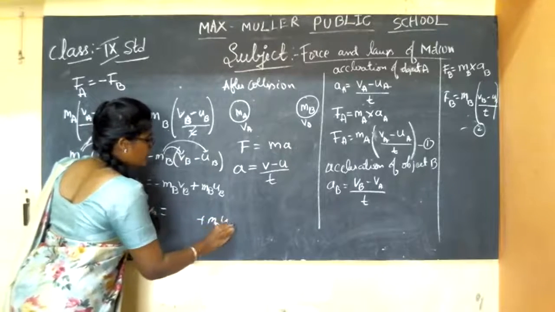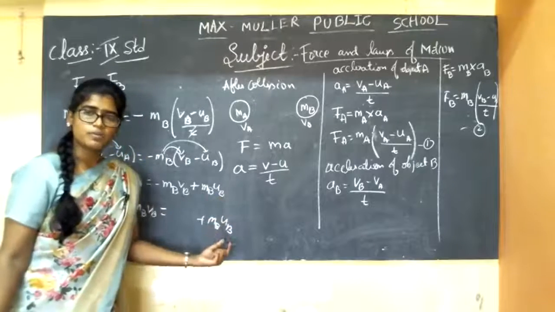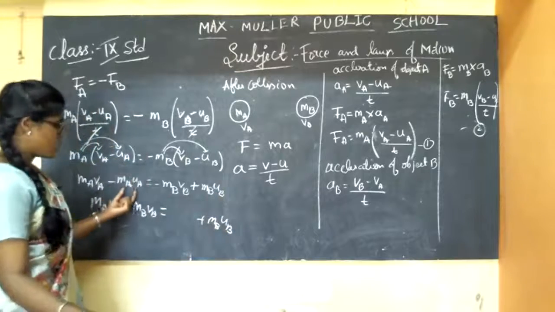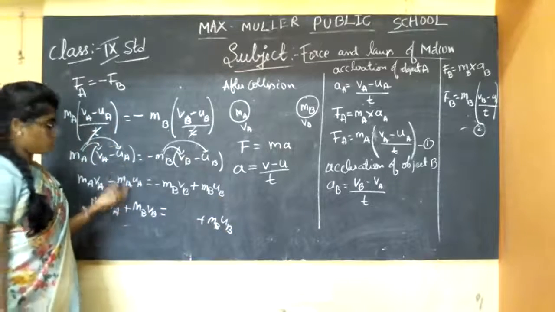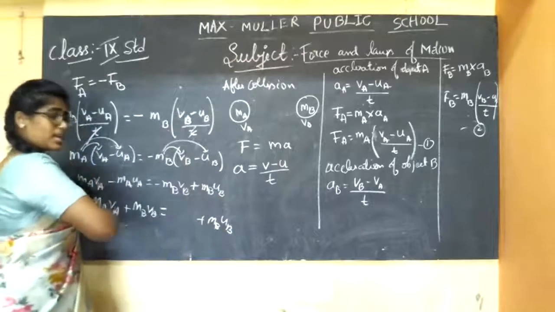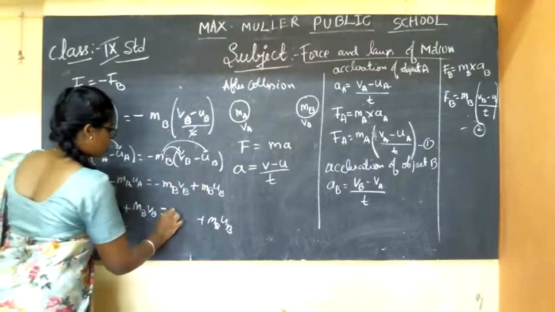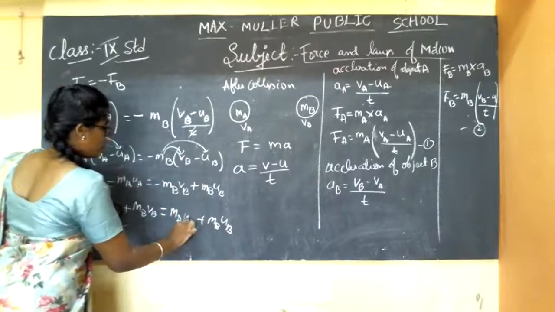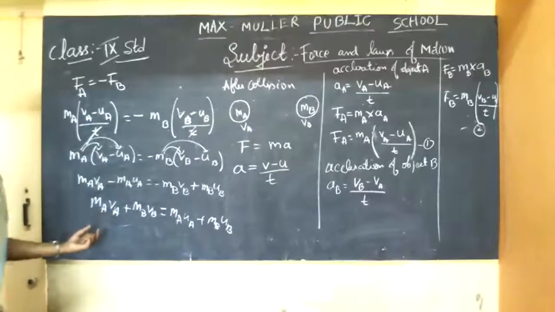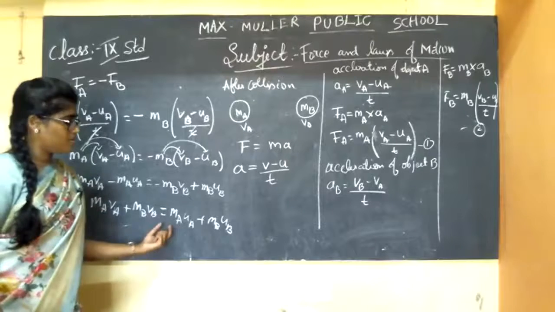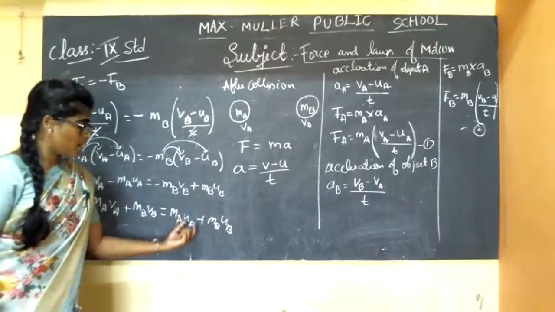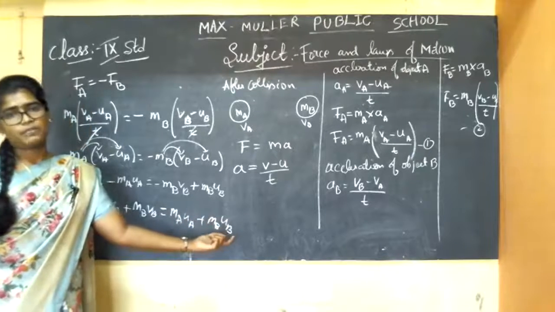But here mA uA is negative, so let me bring it to this side, and it becomes positive. So what you have is mA vA plus mB vB is equal to mA uA plus mB uB.